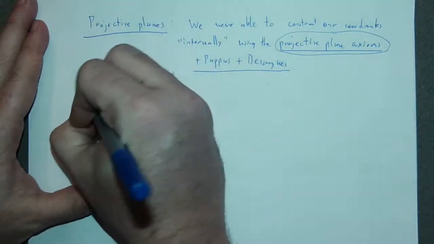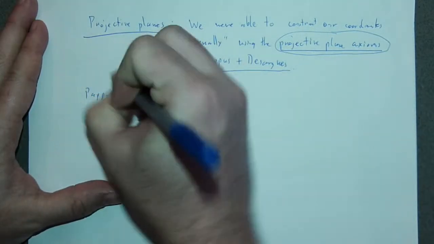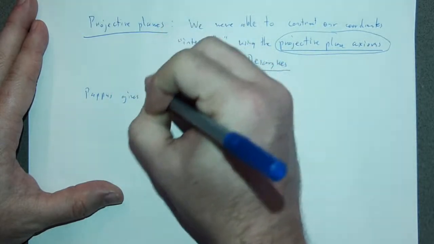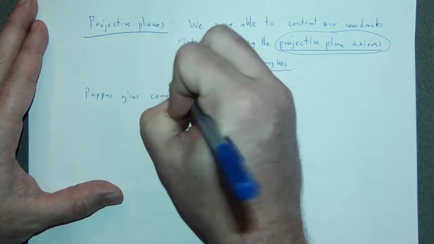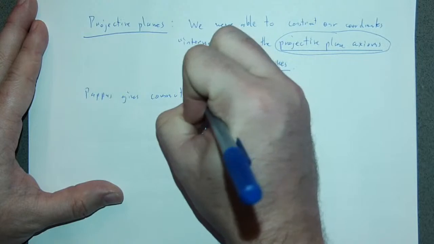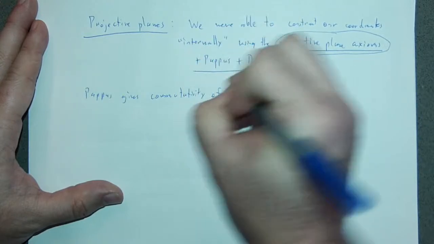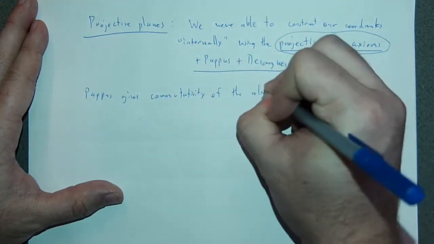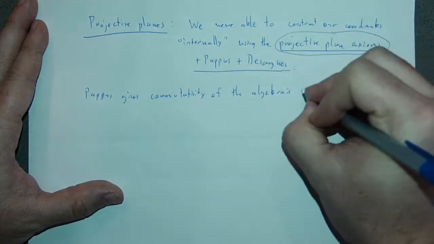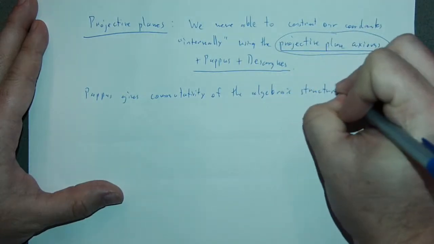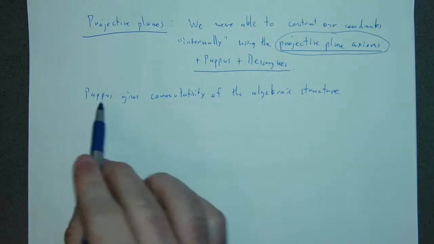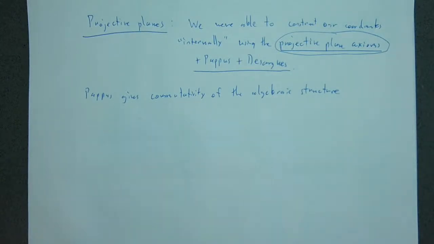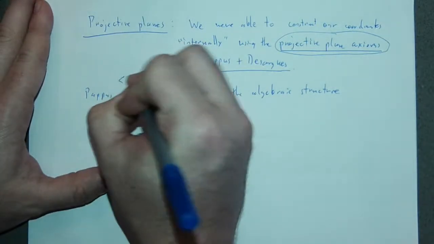We've already seen that Pappus gives commutativity of the algebraic structure. And rather than thinking about it as Pappus implies commutativity, it actually goes back and forth. So this is in both directions.